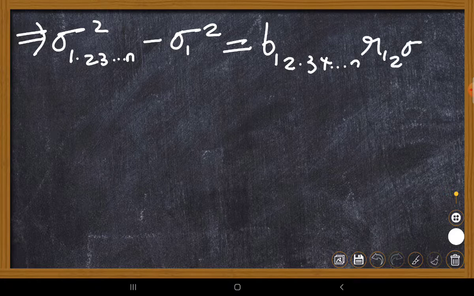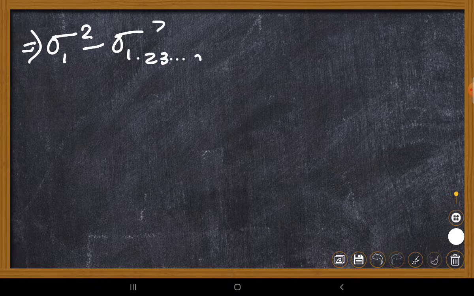Oh sorry, here you remove all the negative signs. That means first this will be sigma 1 square minus sigma 1.23 up to n square. Therefore the right hand side will all be positive.